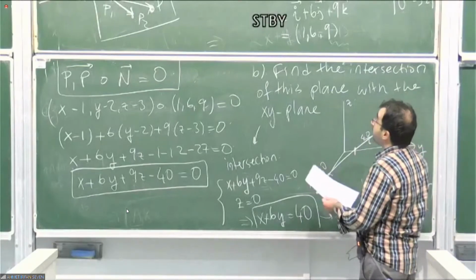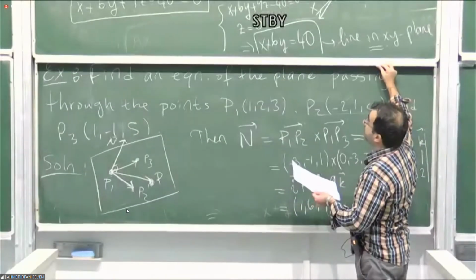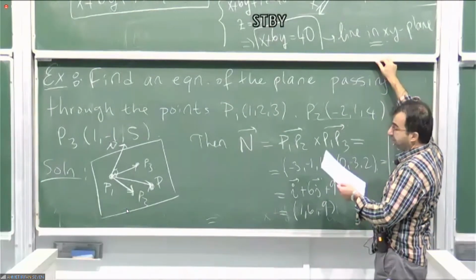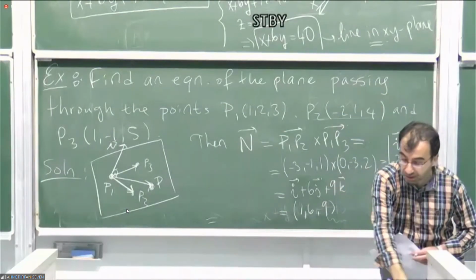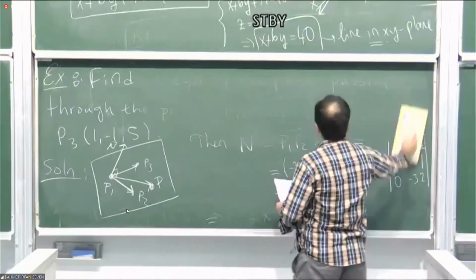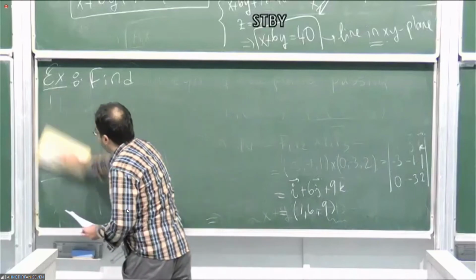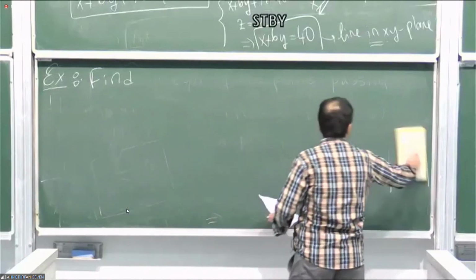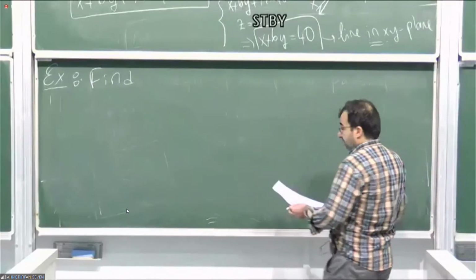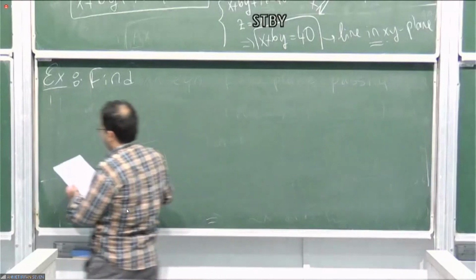Okay. Now, speaking of intersections, let's discuss how we find intersections of planes. So when we have two planes intersecting, typically they will intersect along a line.